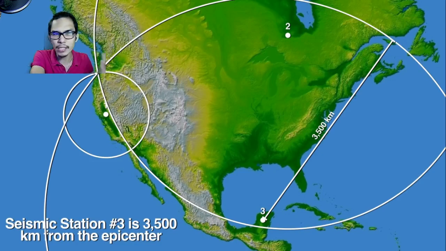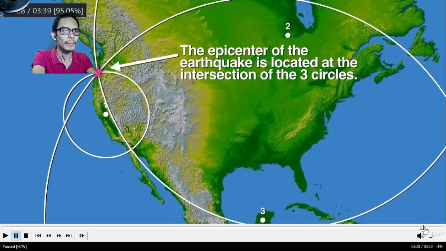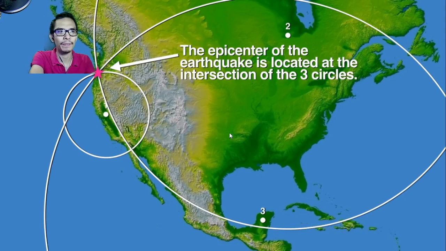Not epicenter distance, clarify, epicenter location. So that is now the location of your epicenter. Just put a star on it. And there you have it, the epicenter location, using the distances that we got from the seismograph readings we used earlier. The process that you see here is called triangulation.